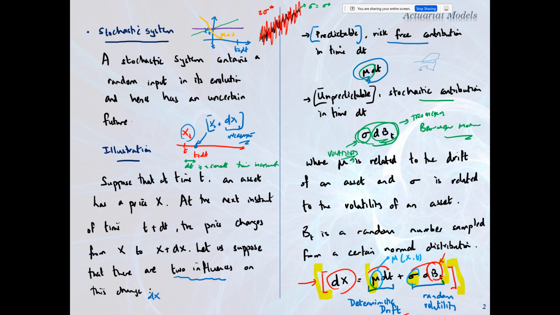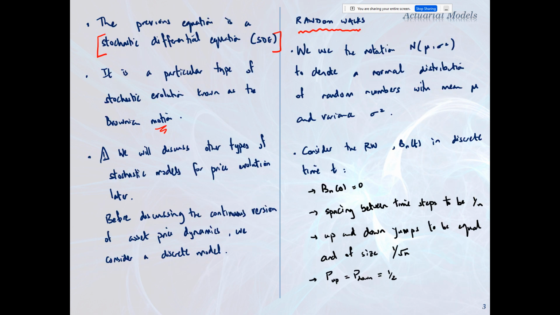And this sigma, for some models, may also be a function of x and t. So these are more complex models. Especially for interest rate models, your mu will definitely comprise the x here. So we will discuss other types of stochastic models for price evolution later.